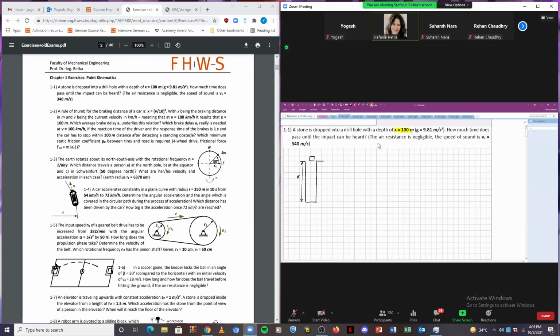So this variable here, gravitational constant and speed of sound. And we want to find the time. So now this stone is being dropped, and then it reaches the bottom. So this will take some time. And then we have the sound waves moving back up. And the question is, when can the sound be heard on top of the drill hole?